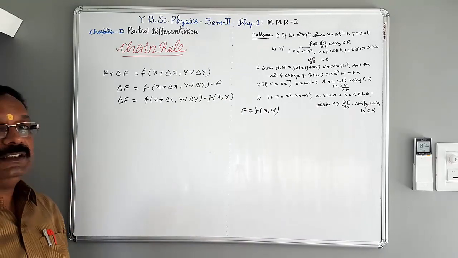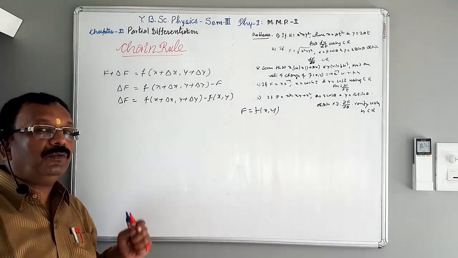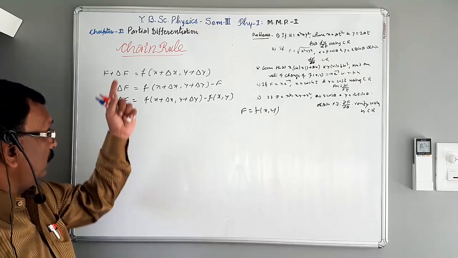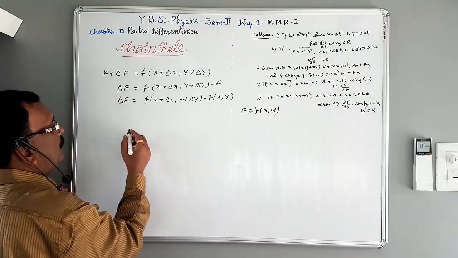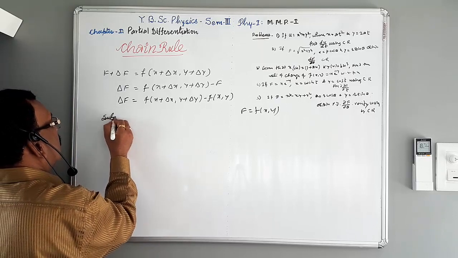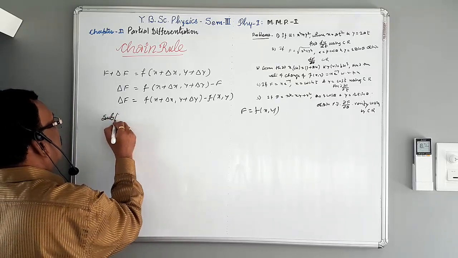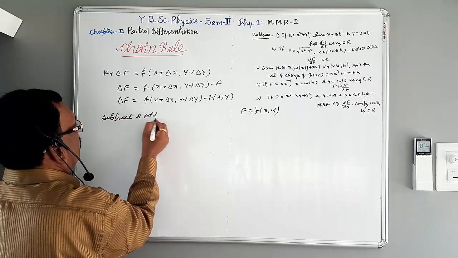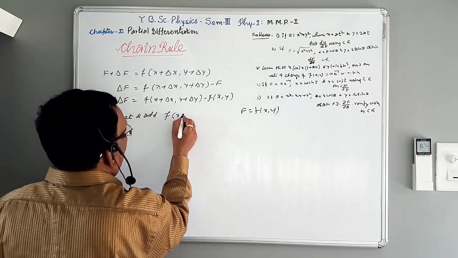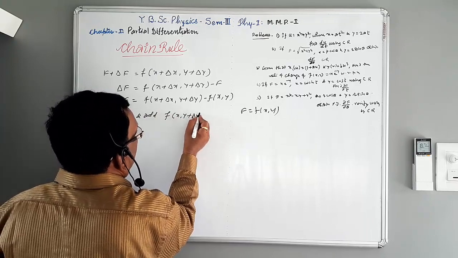As in total differentiation, here we also have to make a little arrangement in order to obtain the chain rule. What we have to do is subtract and add f of x comma y plus delta y in this expression.